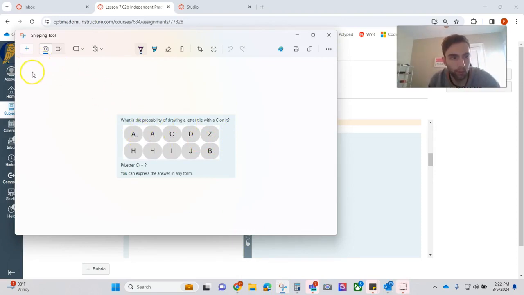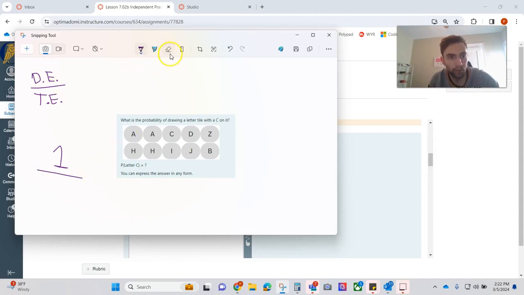So I want to find the desired event, how many desired events there are, and put that on top of the total events that could happen. It looks like only one of the tiles is C, so only one event would get me my win. I would only win with one outcome.